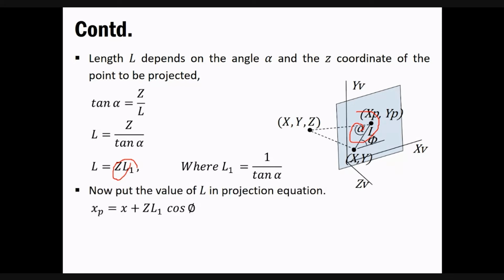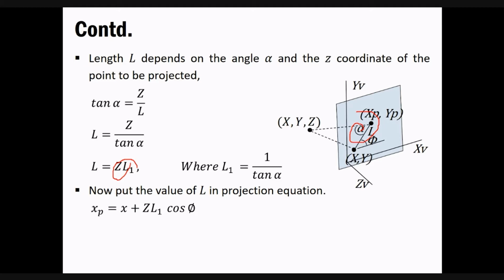Now put the value of L in the projection equation. Earlier we had xp equal to x plus L cos phi, and similarly yp equal to y plus L sine phi. The same thing is written over here. Now put the value of L, which is equal to Z L1, into this earlier equation, and we'll get xp equal to x plus Z L1 cos phi.